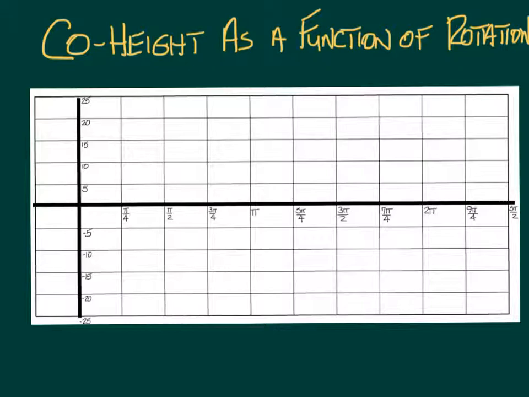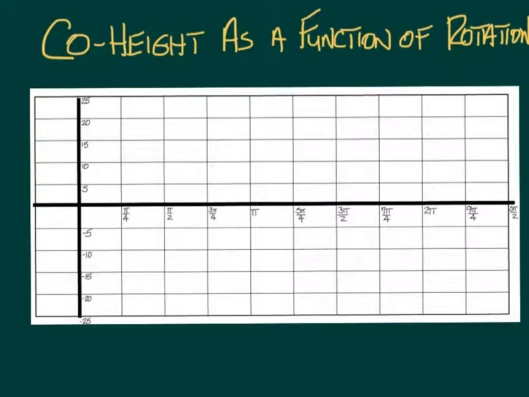How does that start out? Is it at 1? 25 feet. And then when we turn that and we go up to 90 degrees, 90 degrees is pi over 2. Here's pi over 2. Once it gets to 90 degrees, what will the co-height be?